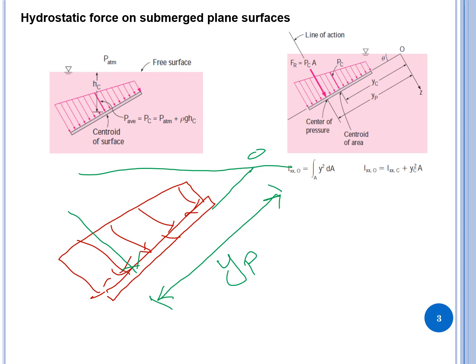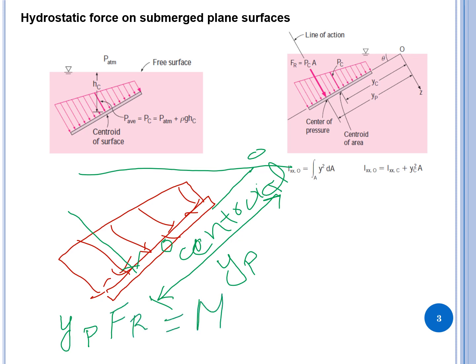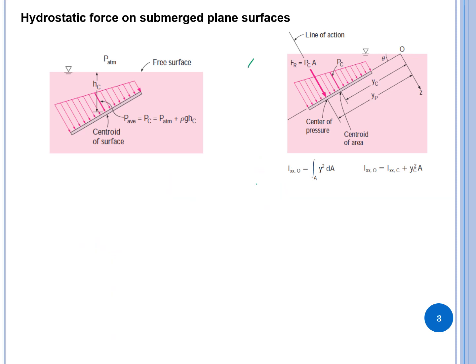So this distance is going to create some moment about the centroid. To find that moment, we need to multiply yp with Fr, and that will give us the moment. So we refer to this figure.